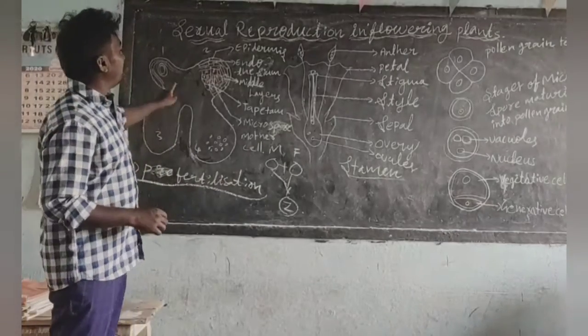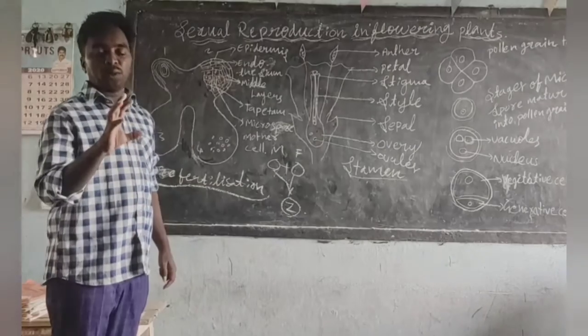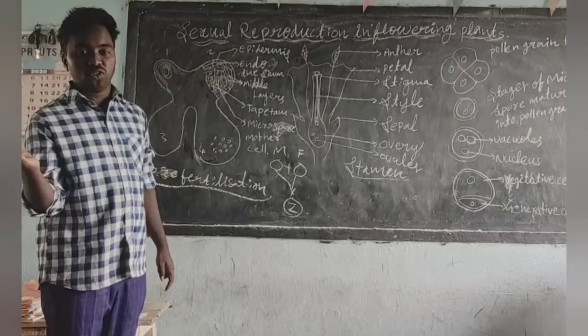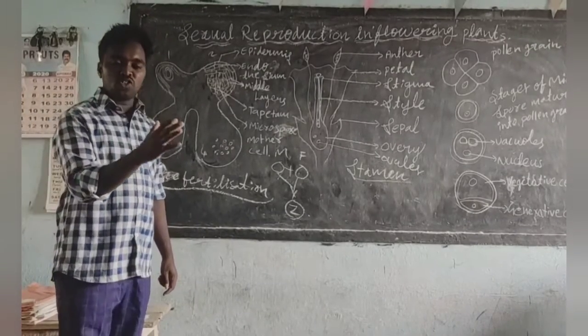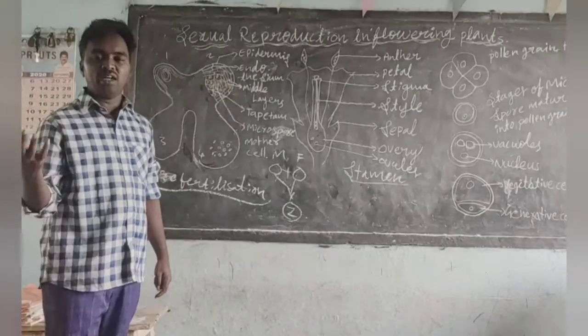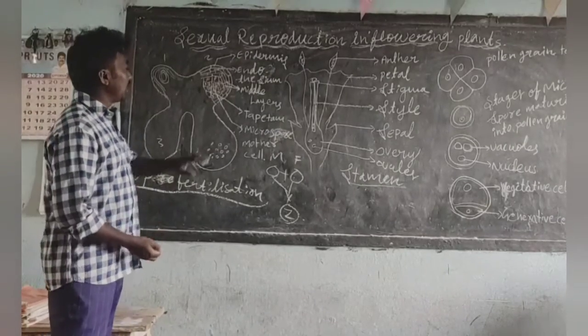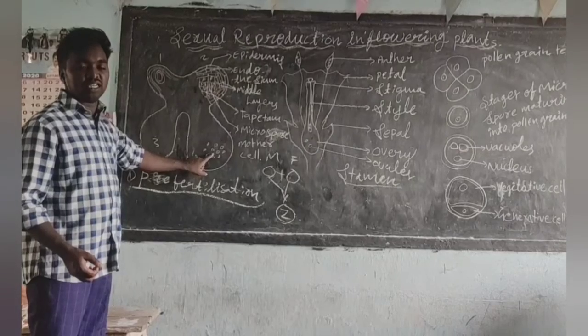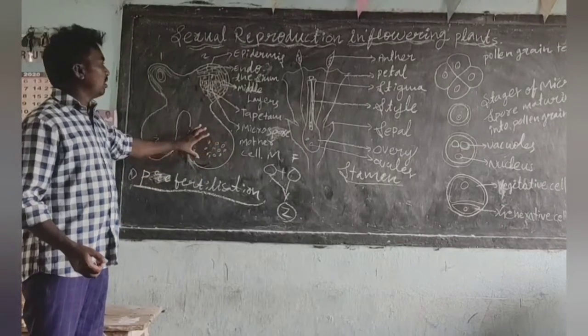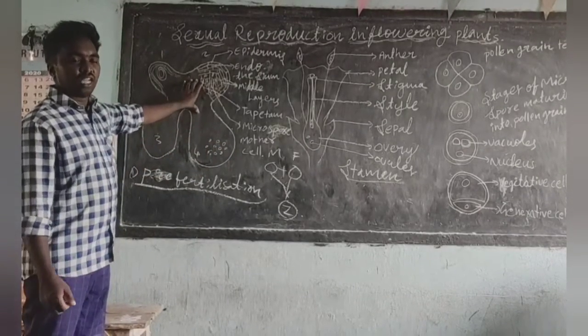From every lobe the pollen grains are formed, and those formed pollen grains are released out into the atmosphere. And how the pollen grains are formed, we have to look at.